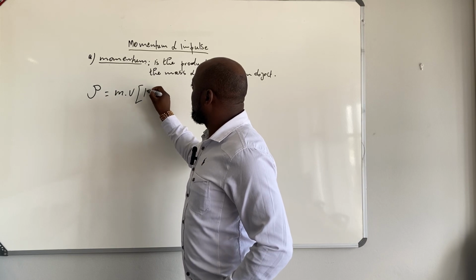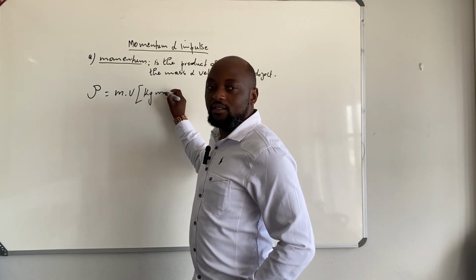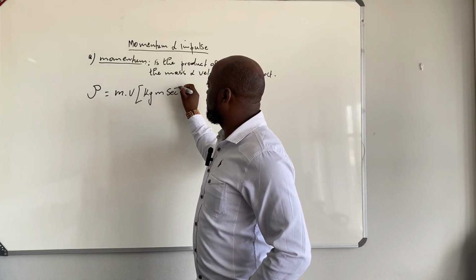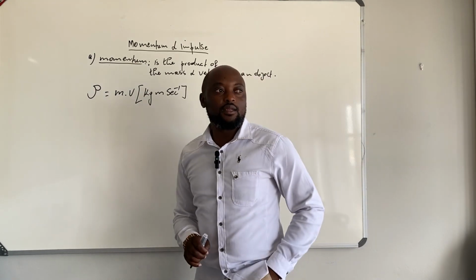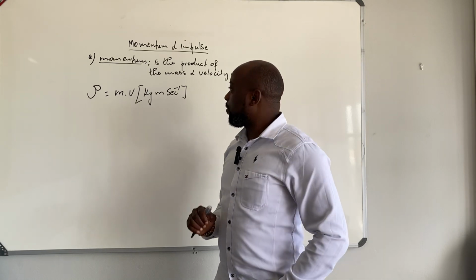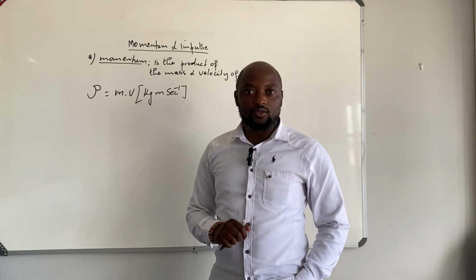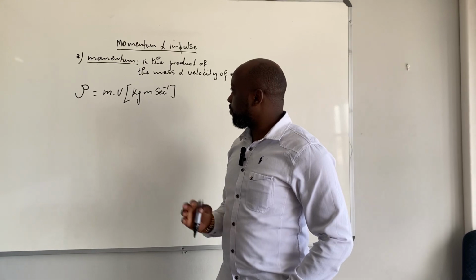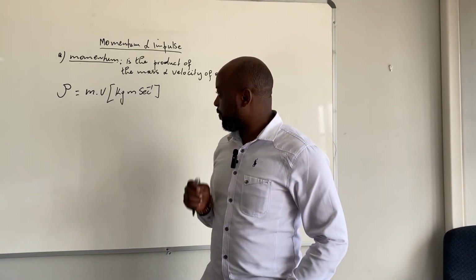So it's mass times velocity, and the unit in physics is very important. It is measured in kilogram meters per second. That's part one of what we are introducing to you. So momentum: product, mass times velocity.